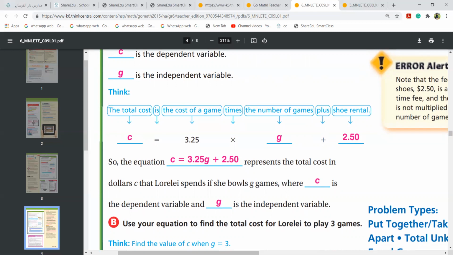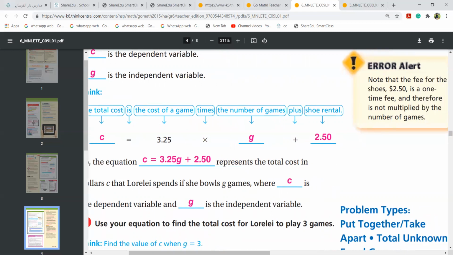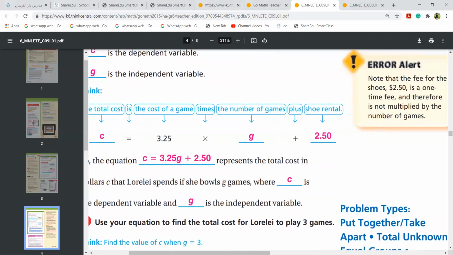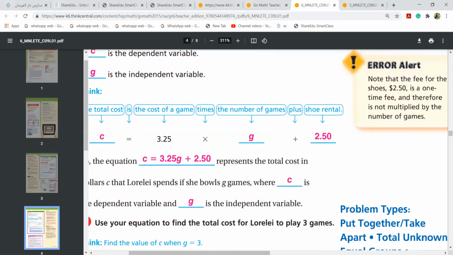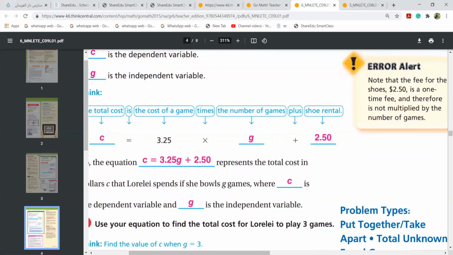Depending upon the games, the cost will change. For 1 game the cost is 3.25, and even in 10 games you multiply with 3.25. This number is not changing. That's the reason games is independent and cost is dependent.